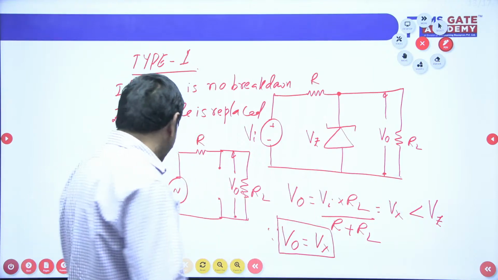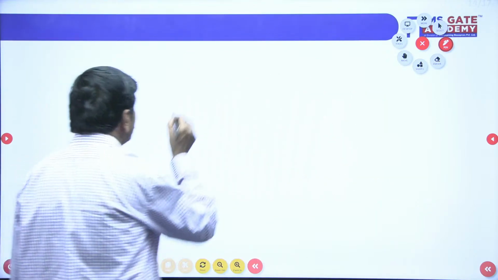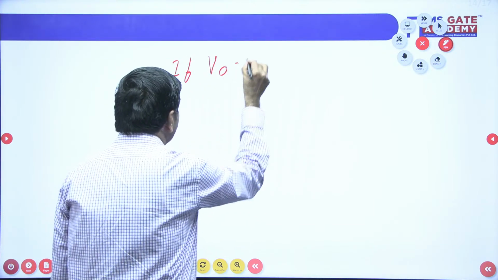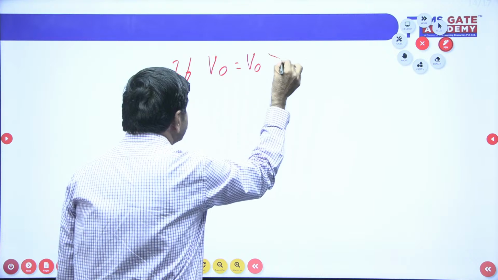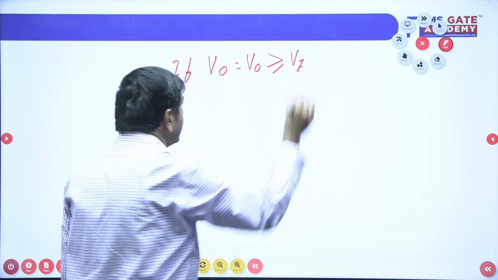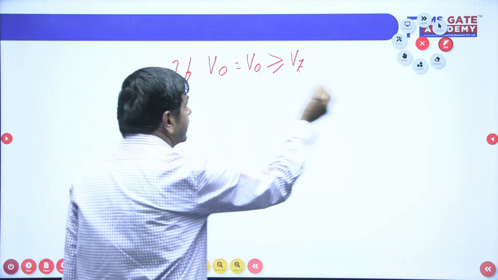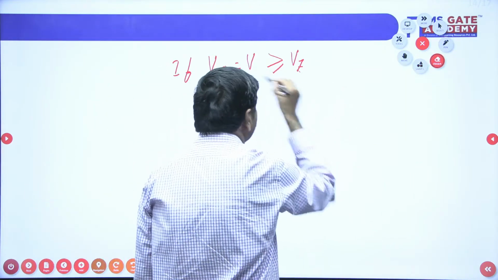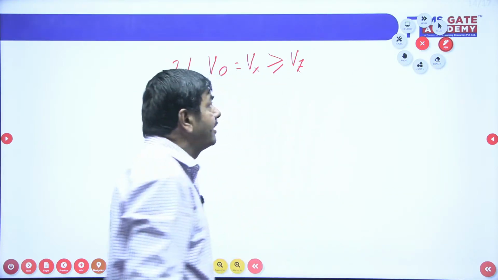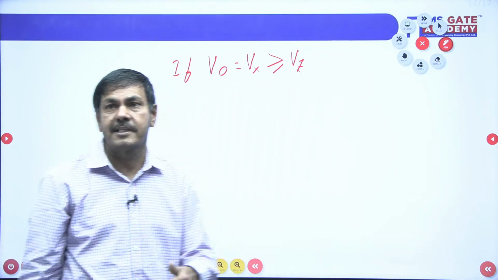In case you get V naught equal to Vx, and that Vx is greater than or equal to Vz, the output voltage, which I will call Vx, is greater than or equal to the Vz value.